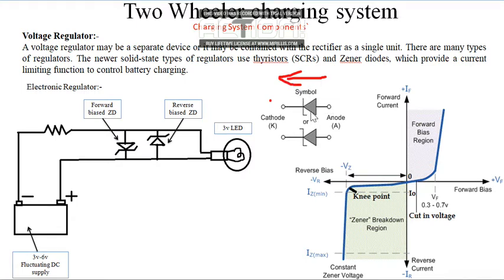So here the arrow of the diode is forward in this fashion, and if the current flow through the circuit is also in this direction, then the diode is in forward bias. When the direction of current flow is this way and the diode is placed opposite to this direction, then the diode is in reverse bias.